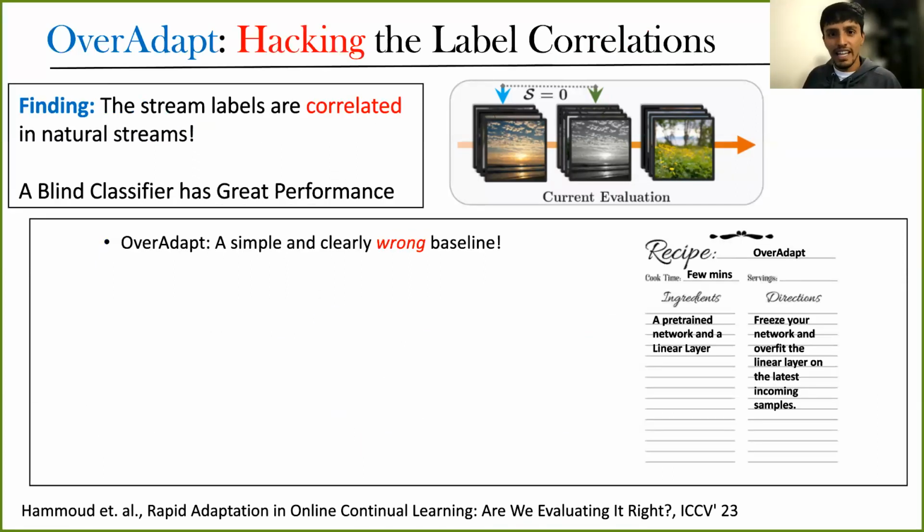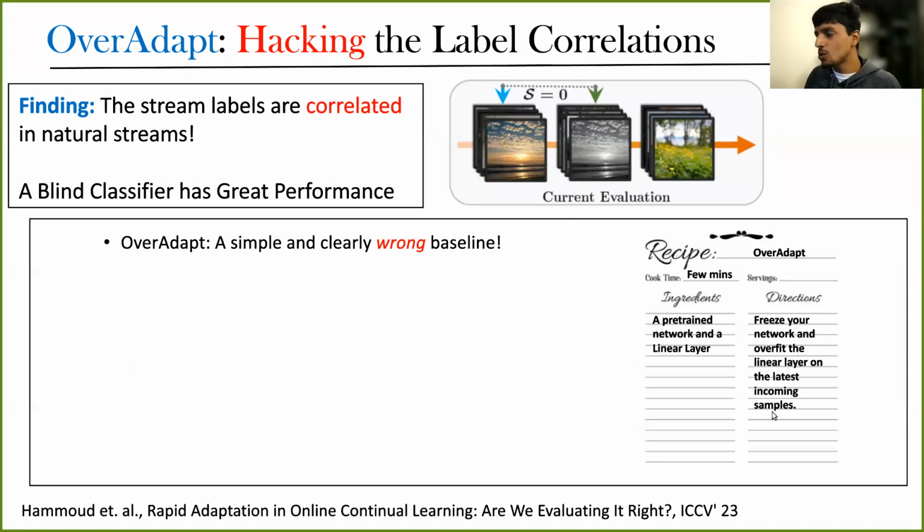And we see that we can exploit this. We can train a deep network to clearly overfit to the latest samples by designing this algorithm called OverAdapt. It's very simple and it's very clearly a wrong baseline. What we do is as follows.